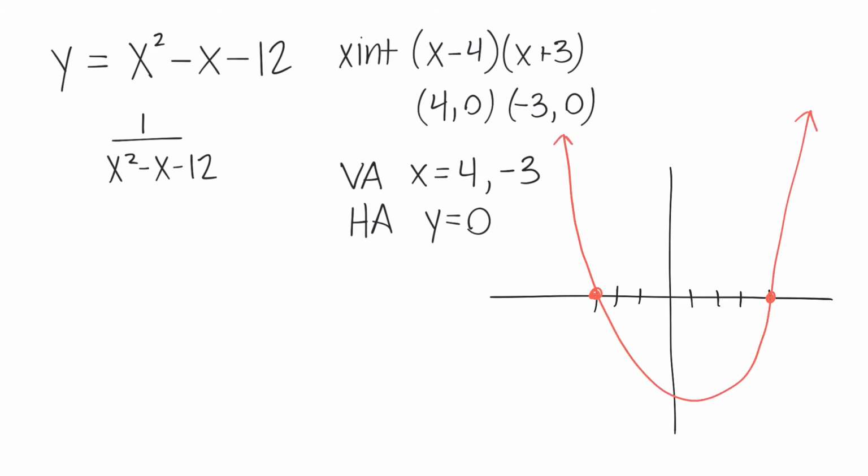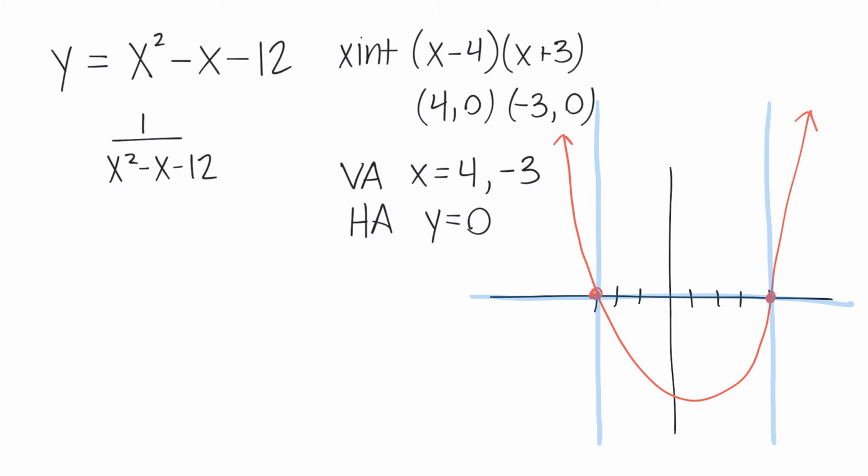Now I know my reciprocal function is going to have these vertical asymptotes right here, because those are the values that would create an undefined function. I also have a horizontal asymptote here. So my reciprocal function is only going to be in the region where the original function is: this top left, this bottom middle, and this top right.